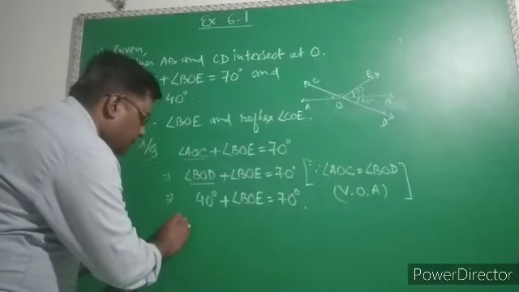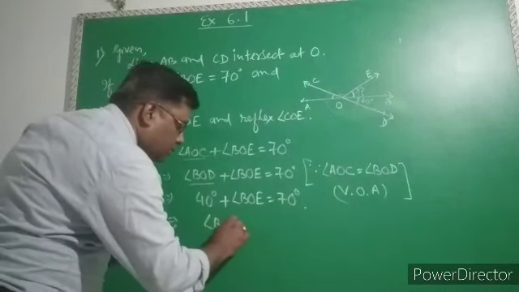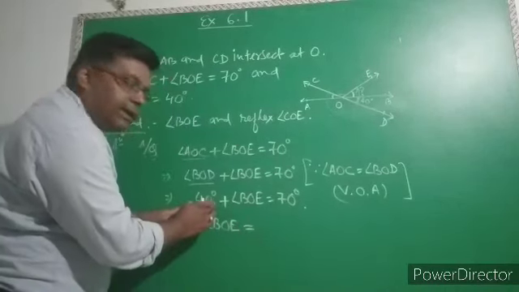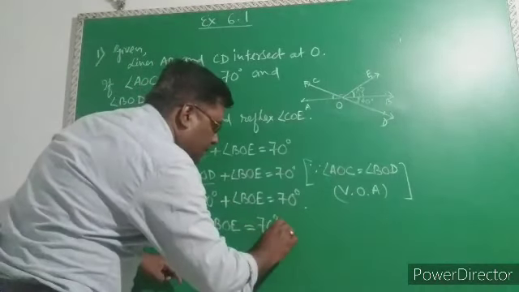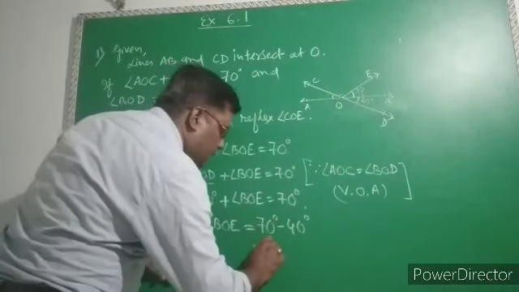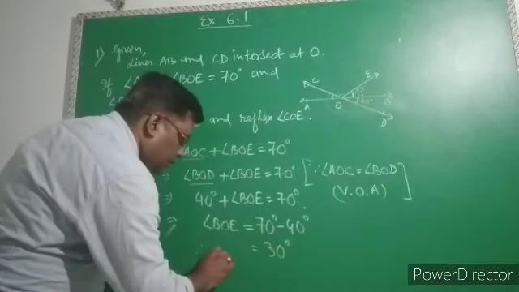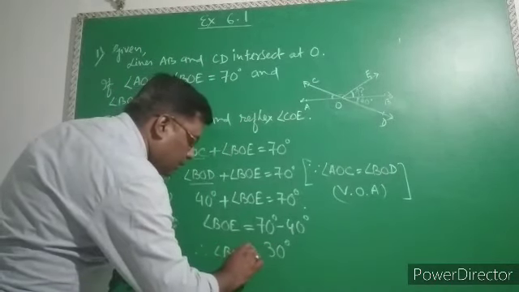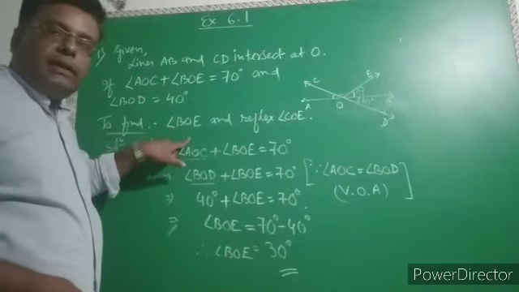This implies angle BOE is equal to, if we take this 40 degree to the right hand side, 70 degree minus 40 degree, so it becomes 30 degree. That is, we get angle BOE is equal to 30 degree. So we get one answer here.